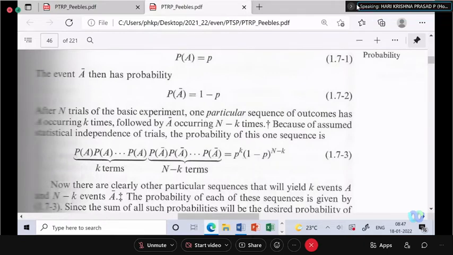Now, the question is, my interest is to know the probability of getting exactly k heads, k times the event A should happen.